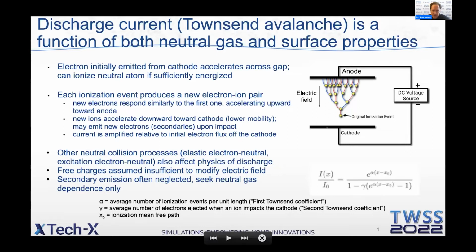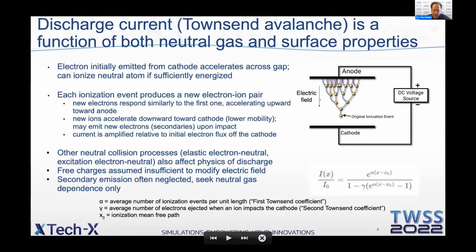When they get to the cathode, they hit it, and maybe they produce secondary electrons, which starts the cycle all over again. And essentially what we get is an amplification of whatever initial current we put out. There's some amplification having to do with the production of plasma through ionization.